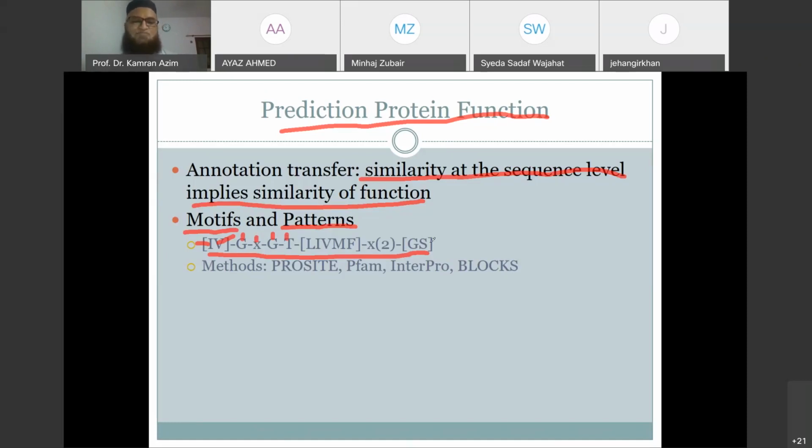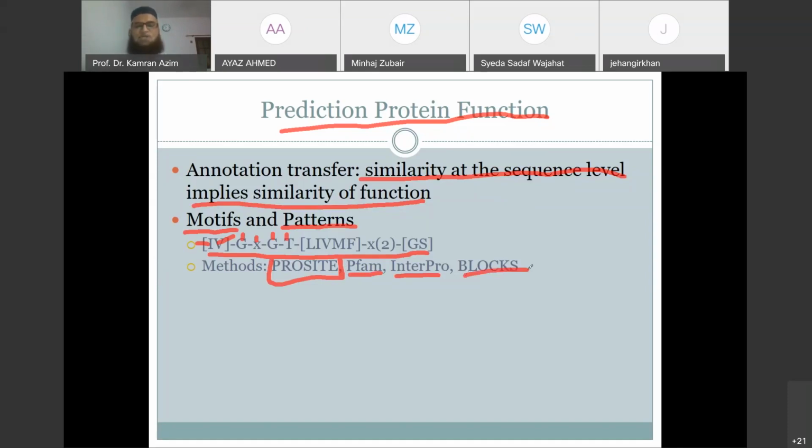A motif is basically a small structural unit of a protein which is composed of two or more secondary structures. This is called a motif in protein structure. There are several methods by which we can find out motifs and patterns in protein sequences, and the famous ones are PROSITE, PFAM, InterPro, and BLOCKS.